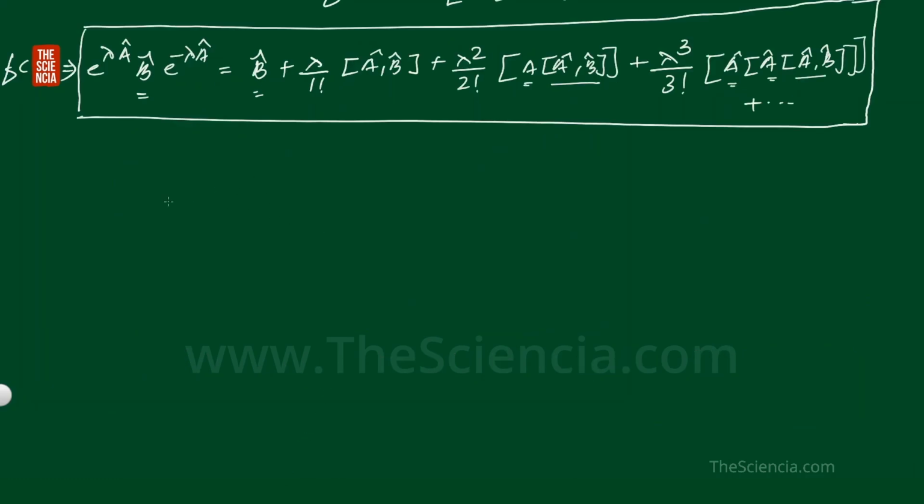This one is a very general formula, so we can consider some special case. What is the special case? Lambda equal to 1. So if lambda is equal to 1, what will we get?